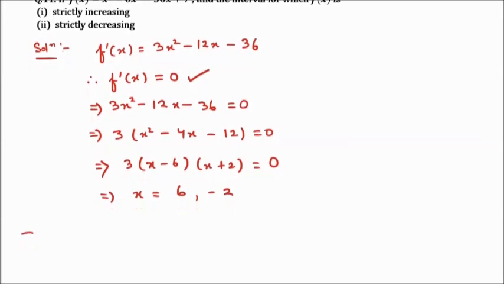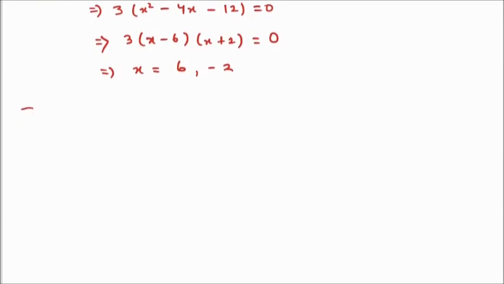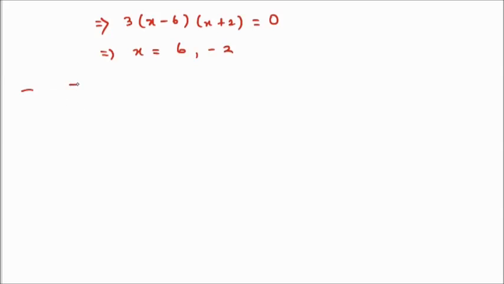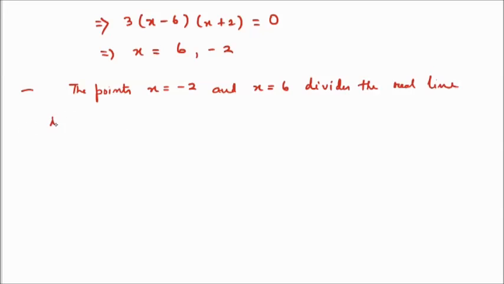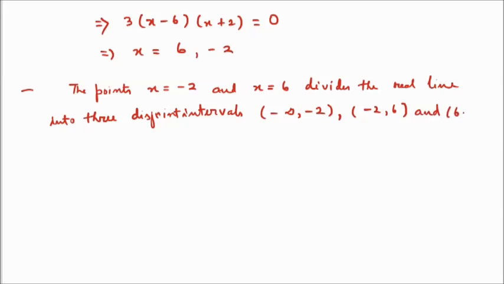So after finding the critical points, I can say that the points x equal to minus 2 and x equal to 6 divide the real line into 3 disjoint intervals: minus infinity to minus 2, minus 2 to 6, and 6 to infinity.